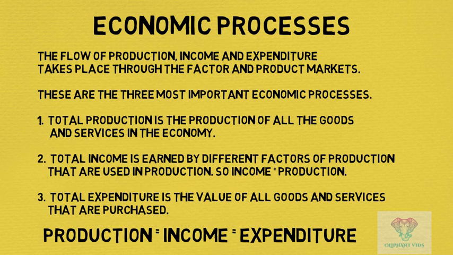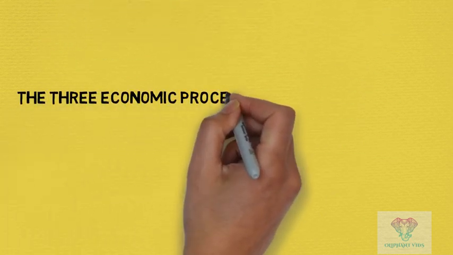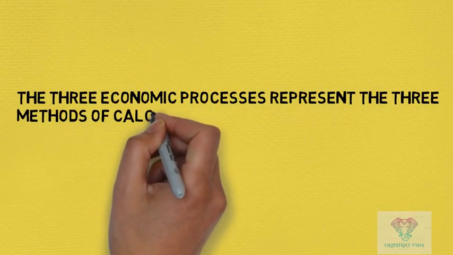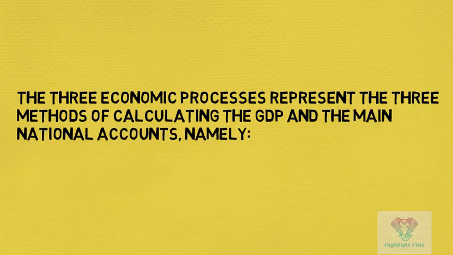Production is going to take place. People are going to earn an income from this production. They are going to use their income to spend on goods and services that have been produced, and the cycle continues. So these three economic processes represent the three methods of calculating the GDP as well as the main national account.